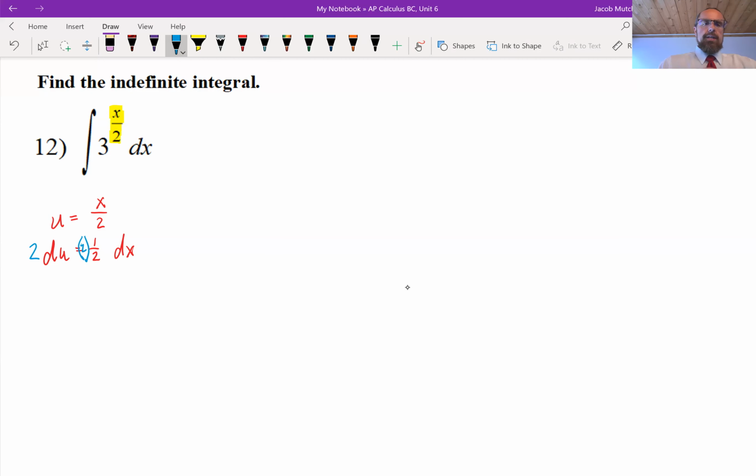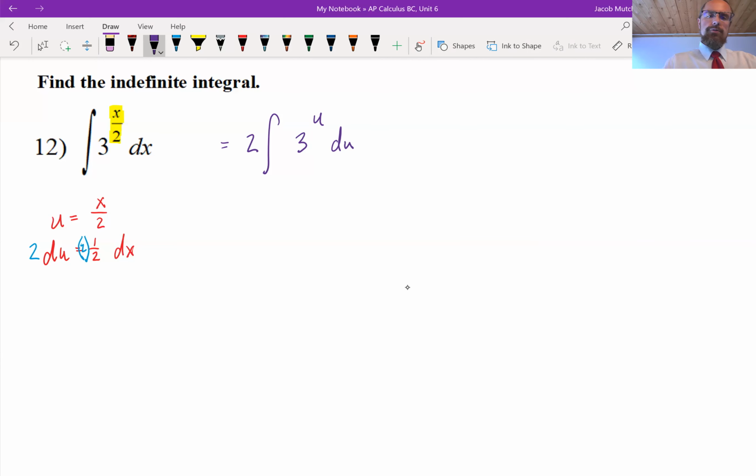So I'm ready to set up the integration. It's equivalent to the integration of 3 to the power of u du, but then I need to include the 2 as a coefficient there. So we're ready to integrate now. We need to remember how to integrate 3 to the power of u.